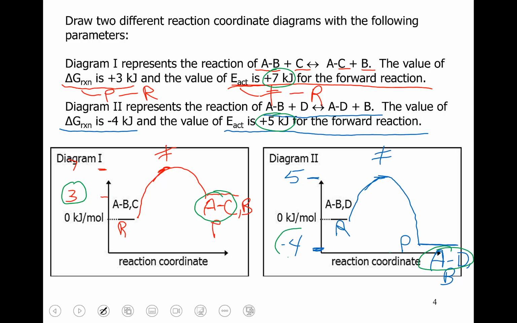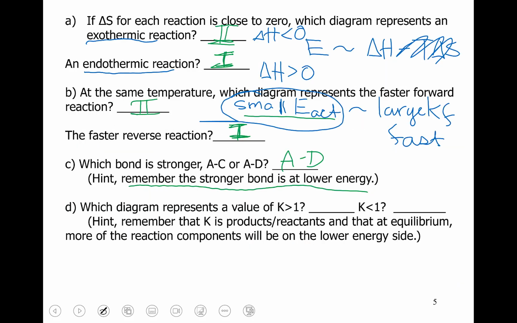AD on this scale is at minus 4 kilojoules per mole. The stronger bond is at lower energy, so our AD, which is at minus 4, is going to be the stronger bond.